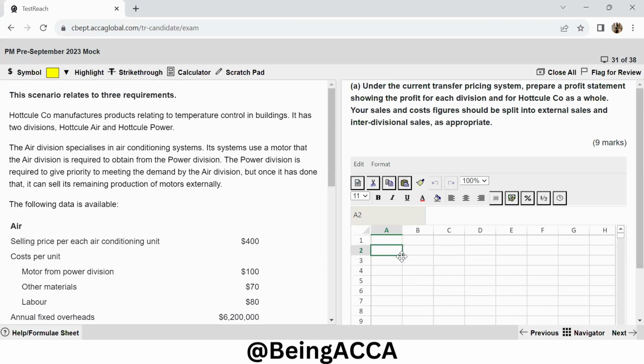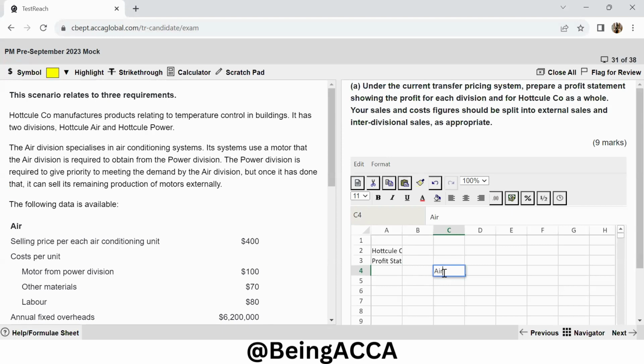So let's put our heading. This is Hottcule Company, and we are preparing their profit statement. Right, so I will be needing 3 columns over here.